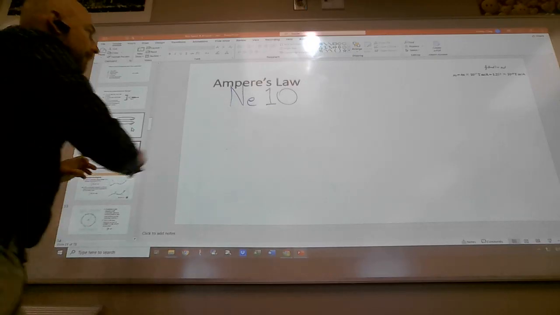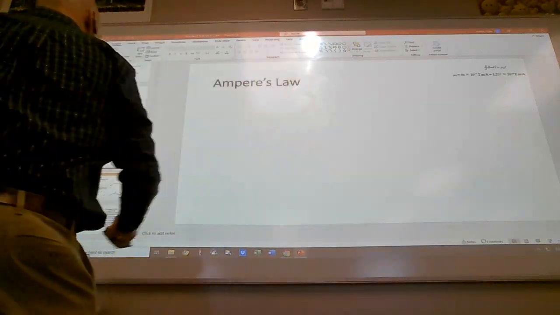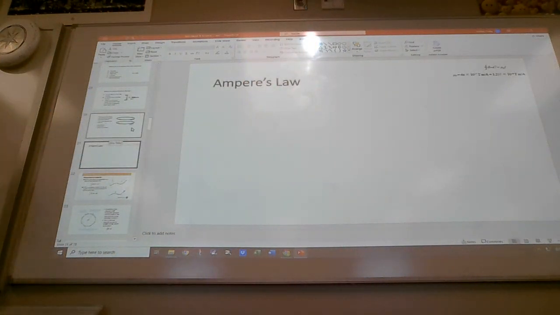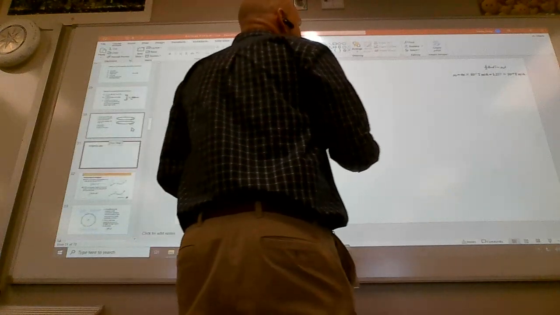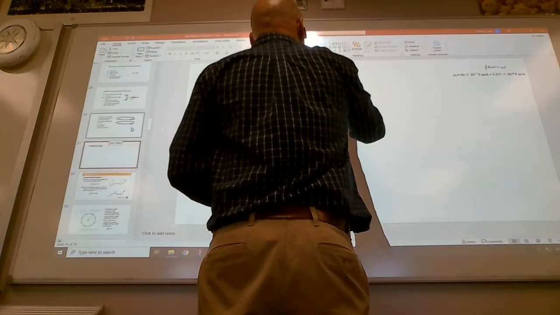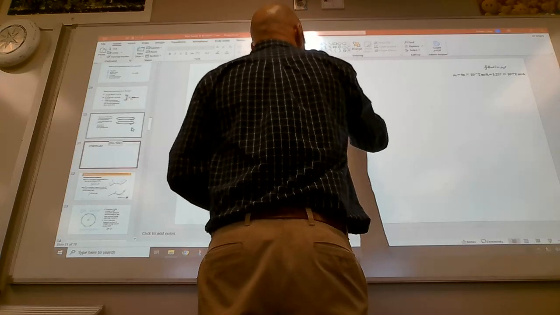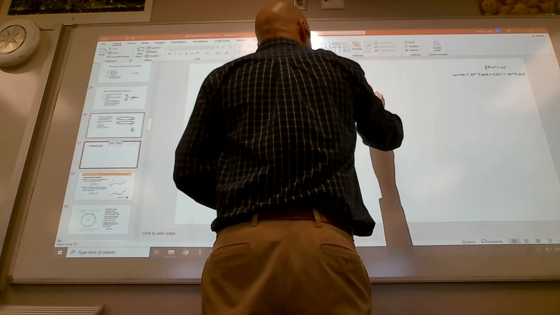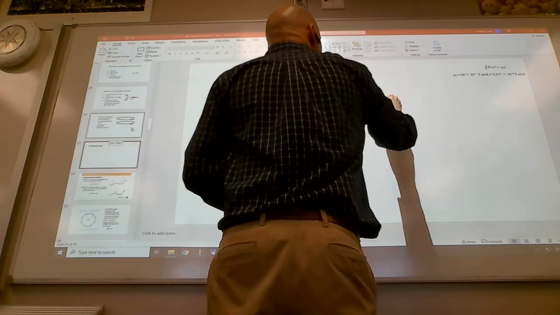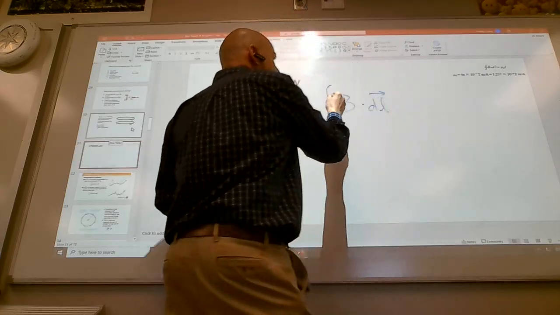Okay. Ampere's law. This is like Gauss's law. This is the shortcut. So this is a line integral that is enclosed.